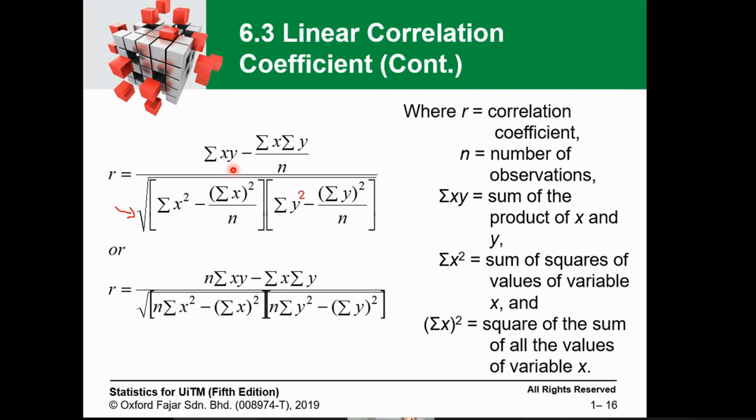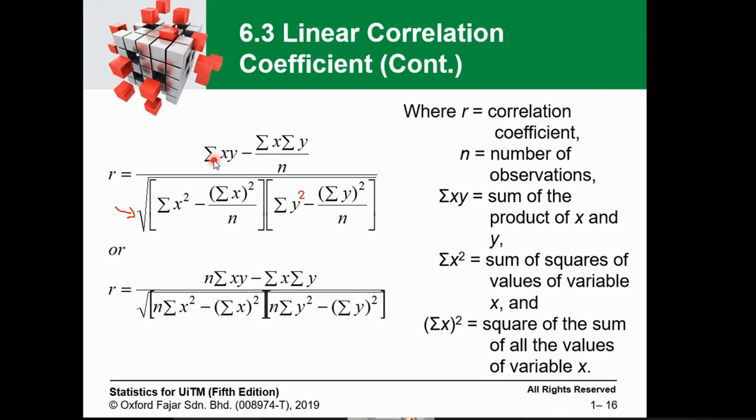Again, the IV we denote with small x, the DV with small y. So the sum of x multiplied by y means we multiply the value of x with the value of y, then we take the sum of the values.